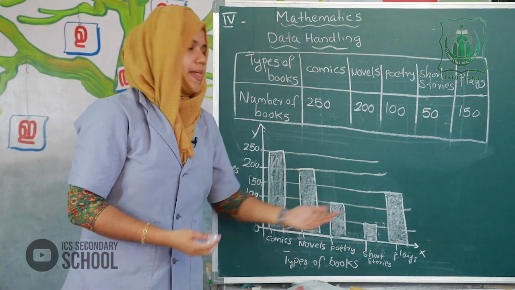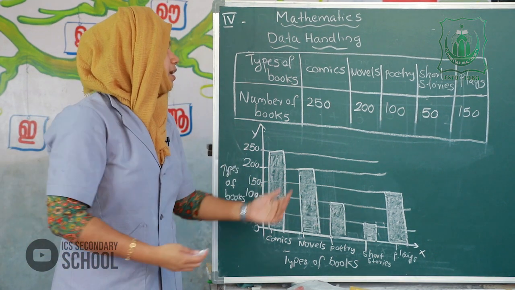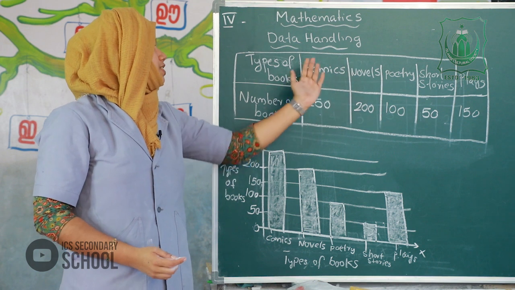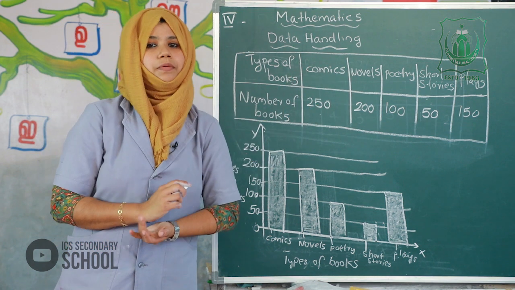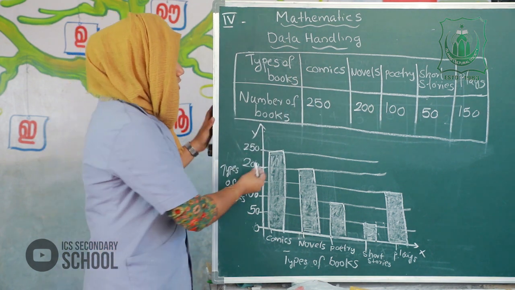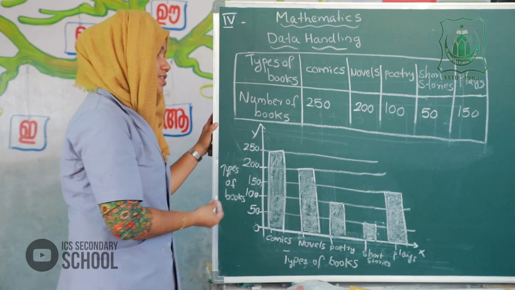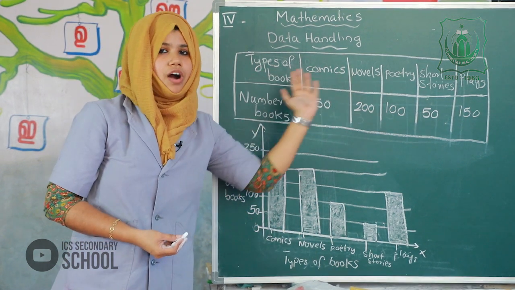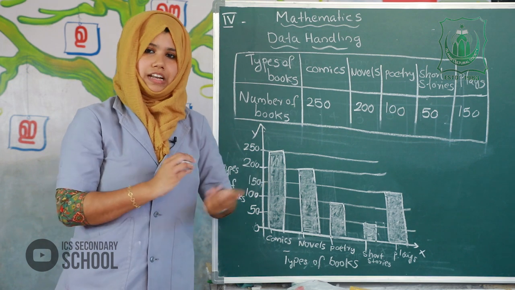Okay, is it clear? So, this is the bar graph of the data of types of books and the number of books. From this bar graph we can understand quickly the information about the books and their number.